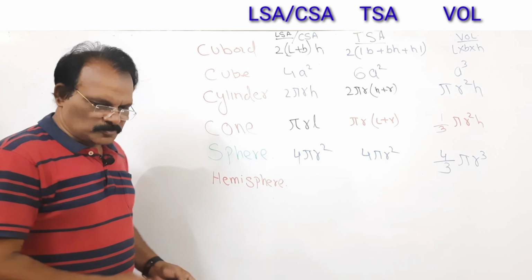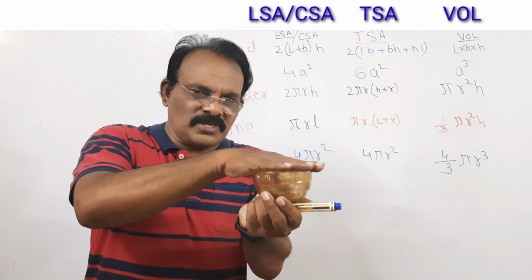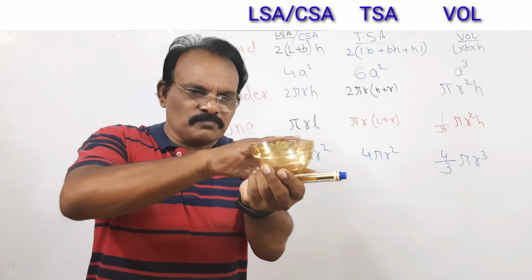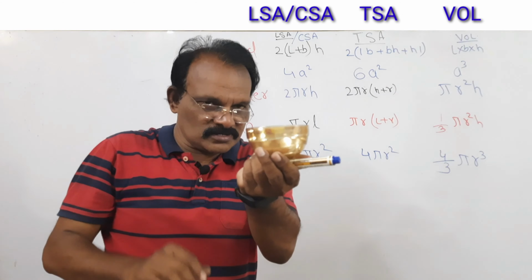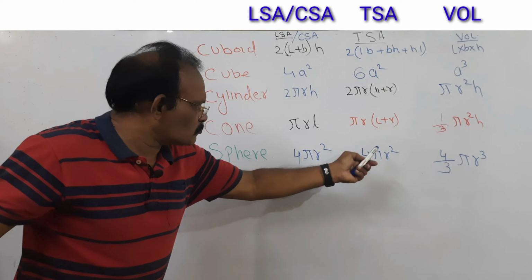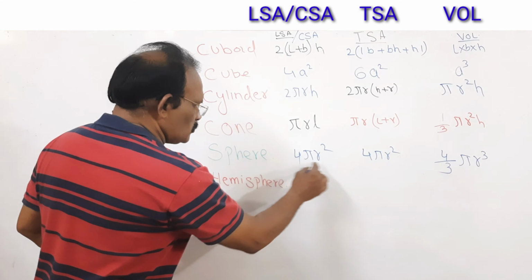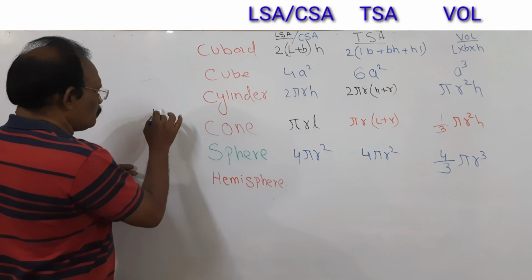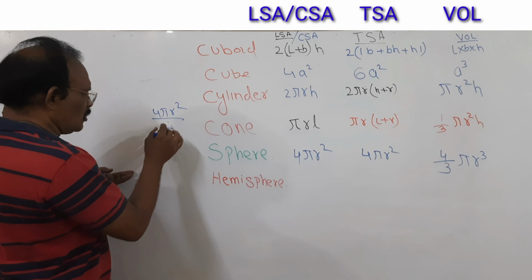Now what is hemisphere? I just told you hemisphere is nothing but a half part of the sphere, like a bowl. This sphere, when made half, becomes a hemisphere. So whatever the values of sphere, make it half. Half of 4? You divide by 2. 4 pi r square, you just divide by 2, you make it half.